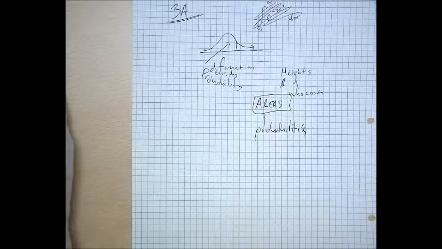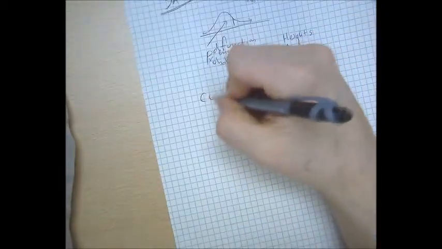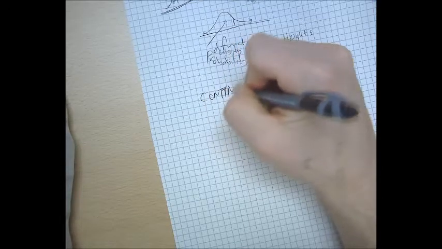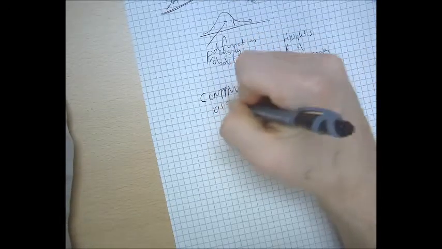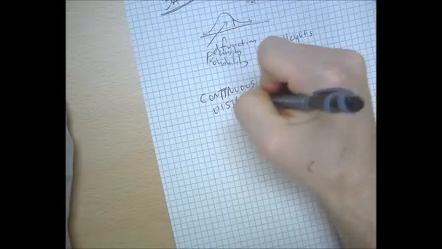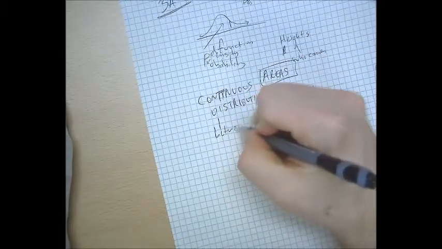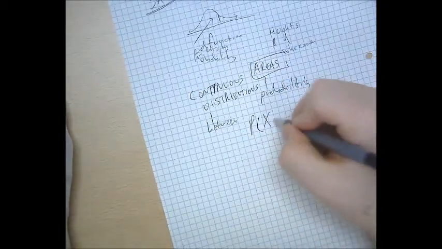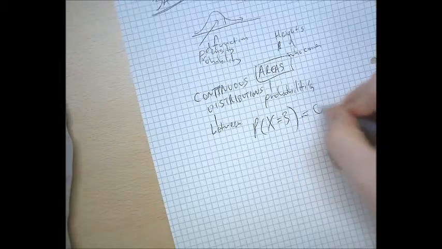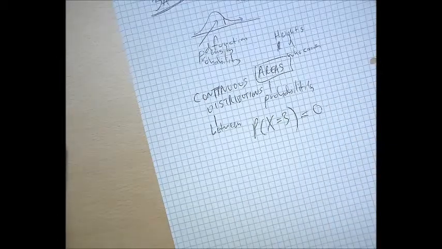Okay? Which means this whole thing is only for continuous distributions. In other words, distributions where you're interested in between values. Remember how I told you for the normal, the probability of that is just 0? Why is the probability of getting 3 0?